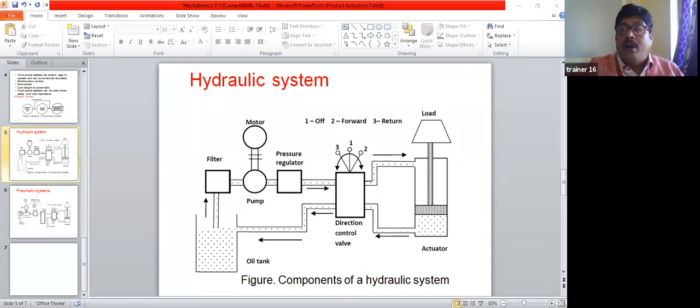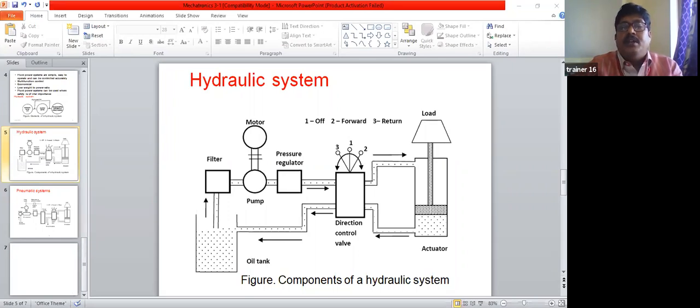And if you go for automobiles, even if you observe in the steering, now this hydraulic and pneumatic fluid power systems. Fluid power systems means hydraulic and pneumatic. Power steering, see here I'm using fluid power, you have to understand that it is a hydraulic actuation system or pneumatic actuation system.